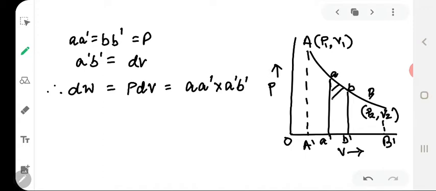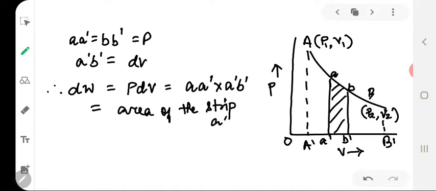So this shall be equal to the area of the strip a, b, b dash, a dash. The total work done by the gas during expansion from the initial state capital A, that is P1 V1, to the final state capital B, P2 V2, can be obtained by adding the areas of all strips like a b b dash a dash formed between A dash and B dash under the PV diagram.